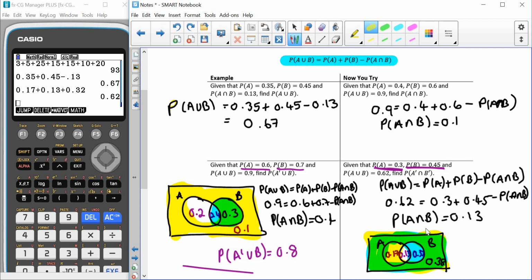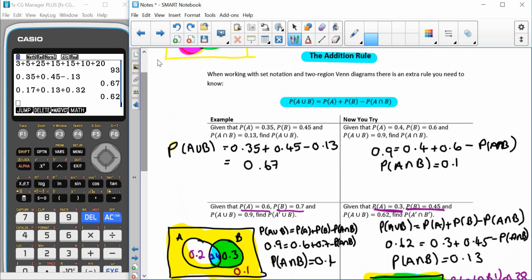And because this time we're looking at and, I only want to count my green part, because the 0.17 is only yellow and the 0.32 is only blue, I only want to count my 0.38. So the probability of not A and not B is going to be 0.38.